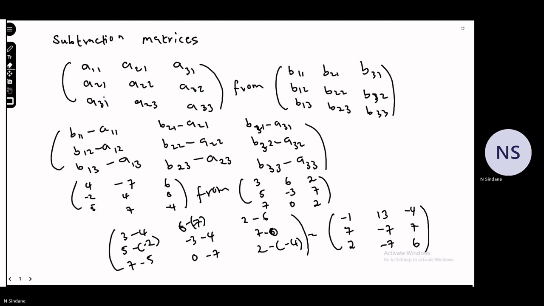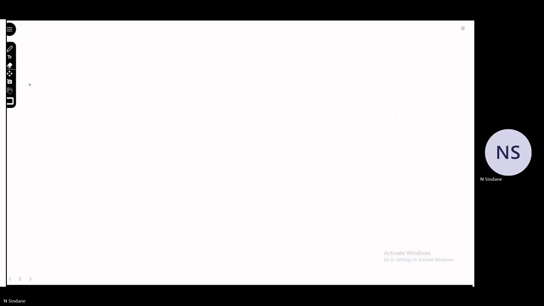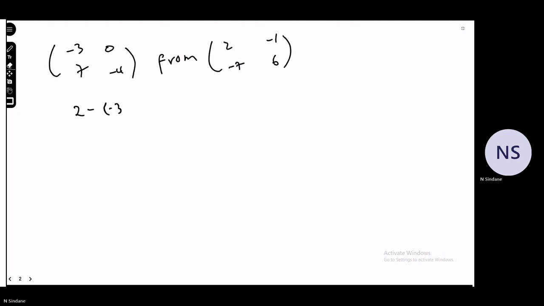Let's get another question, which is a 2 by 2 now. Our 2 by 2 consists of 3, 7, 0, -4. We need to subtract this from 2, -1, -7, and 6. So this will be 2 minus 3, -1 minus 7, -7 minus 0, and then 6 minus of -4.